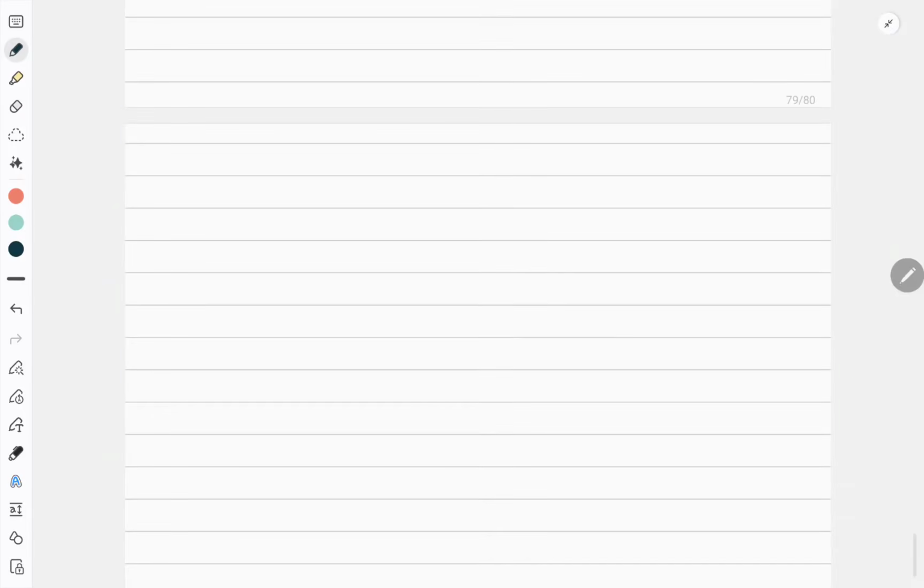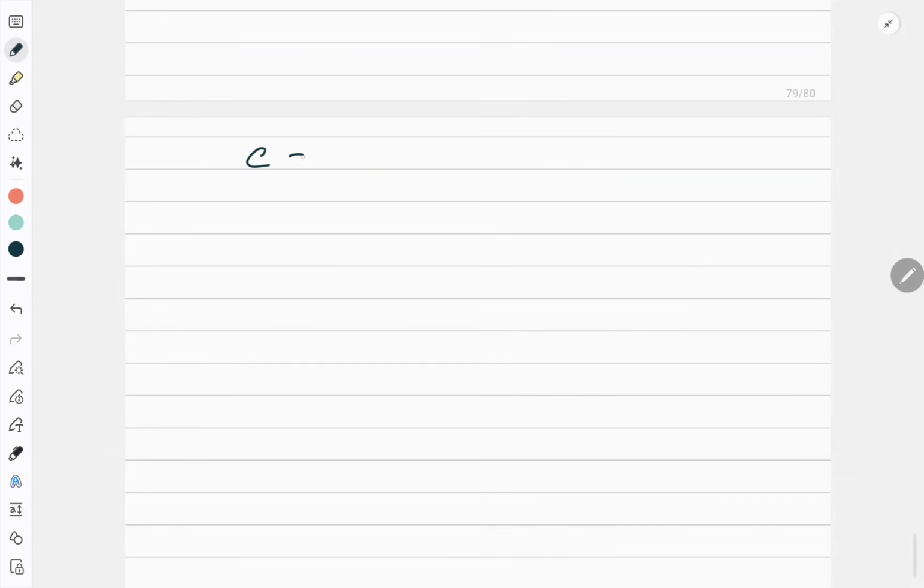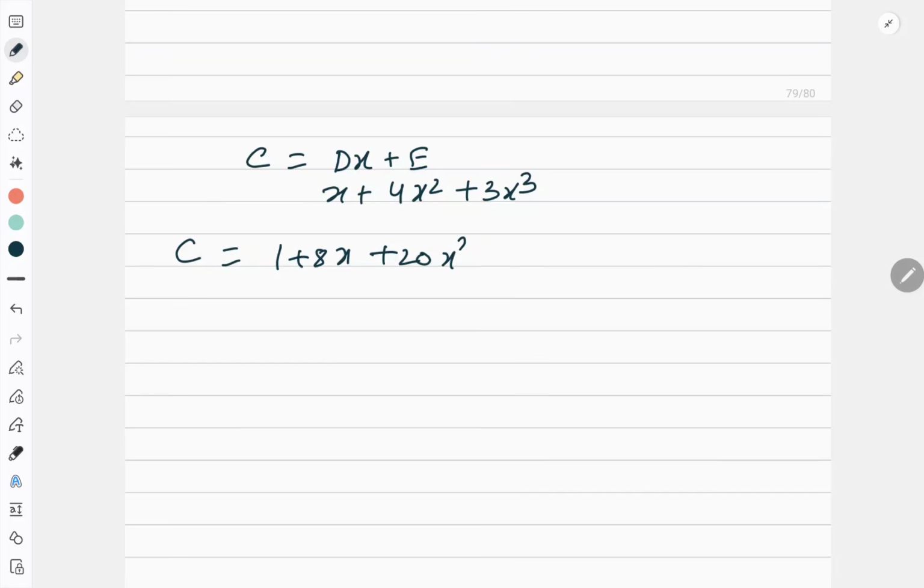So I'll write down here. Now what I am doing, I know that C is equal to dx plus e. Correct? So my dx will be x plus 4x square plus 3x cube and e we have already written. So now when I sort it out, my final C will be equal to 1 plus 8x plus 20x square plus 17x cube plus 4x to the power 4, where these are R1, R2, R3 and R4.